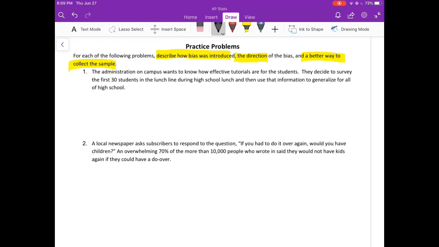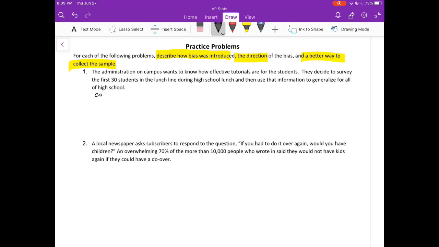Number 1. The administration on campus wants to know how effective tutorials are for students. They decided to survey the first 30 students in the lunch line during the high school lunch, and then use that information to generalize for all of the high school.